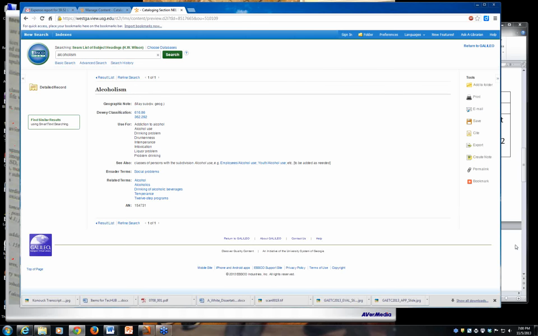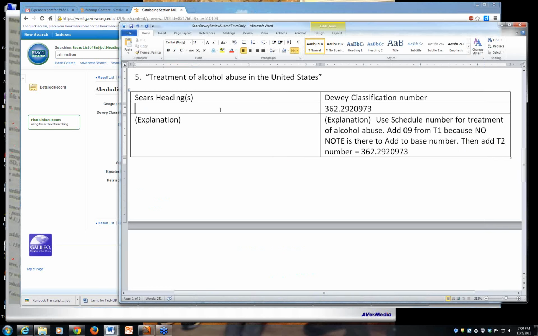So we would use alcoholism. And then on the explanation, use alcoholism for alcohol abuse. Can subdivide geographically.